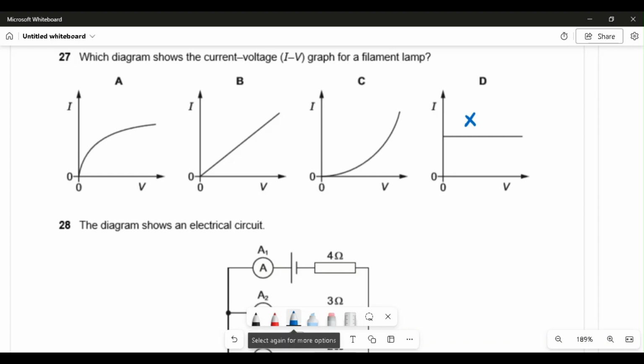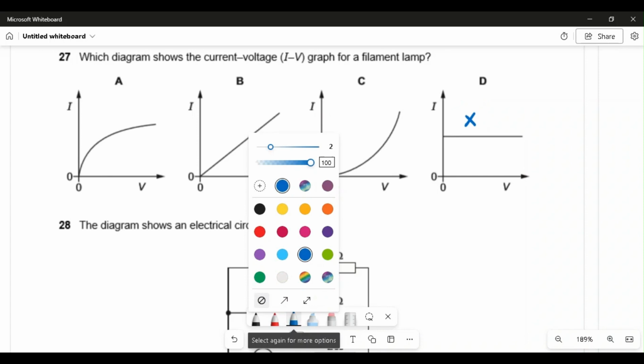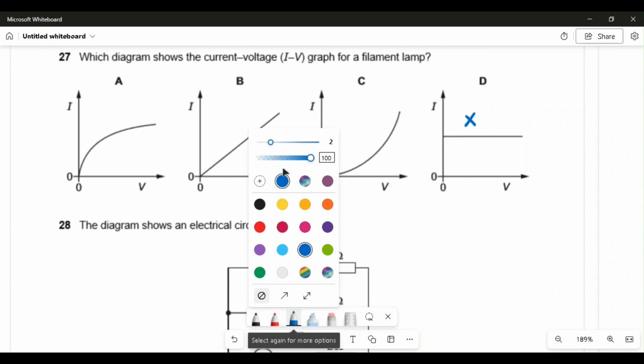Question number 27. Which diagram shows the current-voltage graph for the filament lamp? First of all, I will start from figure D. That is, current is constant while voltage is increasing. It can never happen, and we cannot see this type of situation at any time.